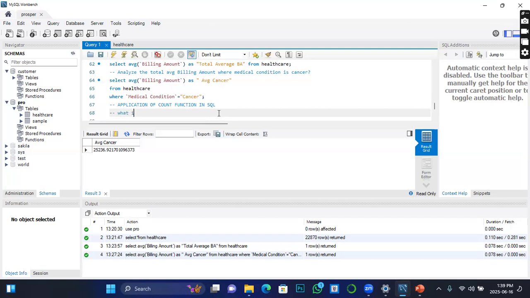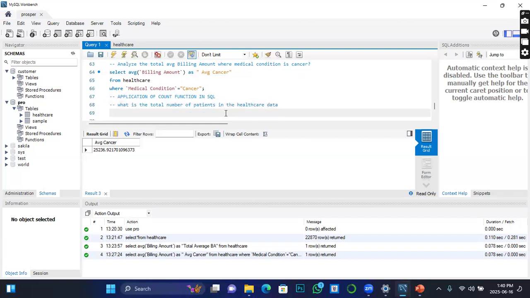What is the total number of patients in the healthcare data? So what is going to be the syntax?